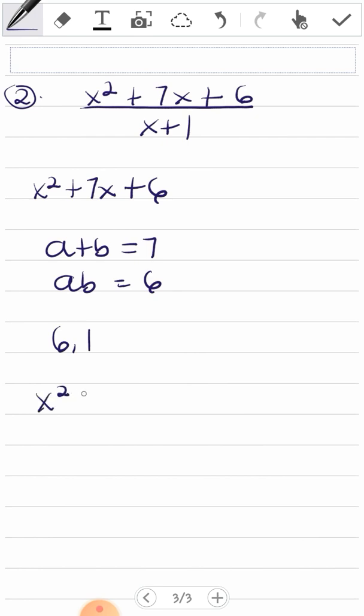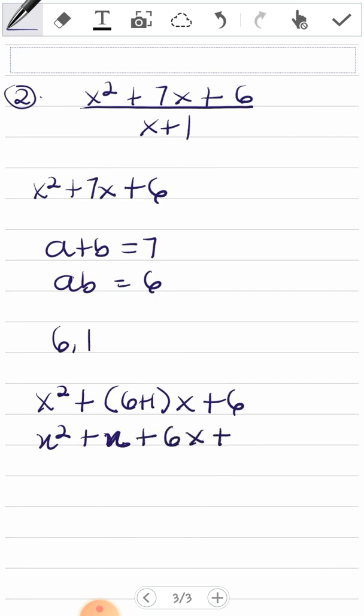So I'm going to get x squared plus 6x plus 1x plus 6. Can you see that? Then I factorize, so I'll bring x out, x plus 1. I'll bring 6 out, x plus 1.